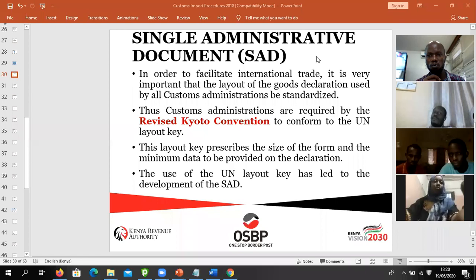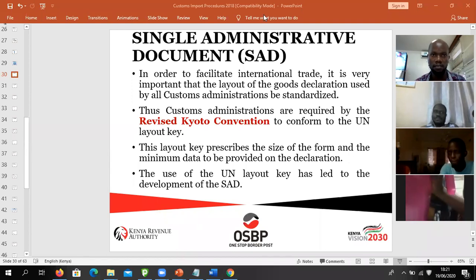So maybe if you are able to access your WhatsApp, you can at least look at it while I'm going through the single administrative document. Some of the things that I might discuss are within that particular example of an entry, so that you can understand and comprehend what I mean by single administrative document, and why it should be in a standardized format, one that can easily be understood, standardized across various consignments. So thank you for acknowledging that. Yes, sir. Okay. So let me proceed.